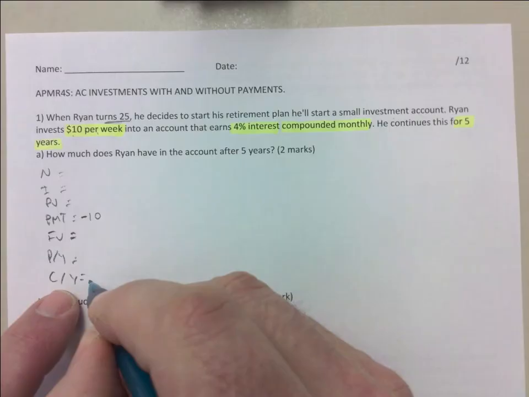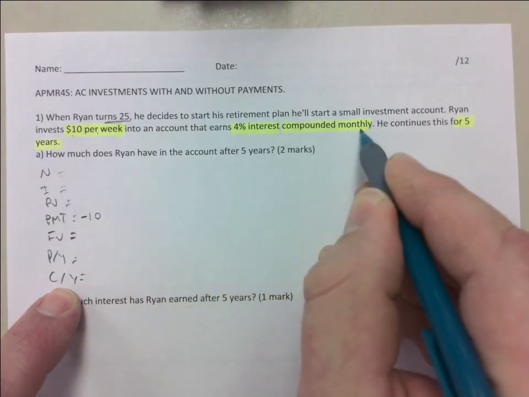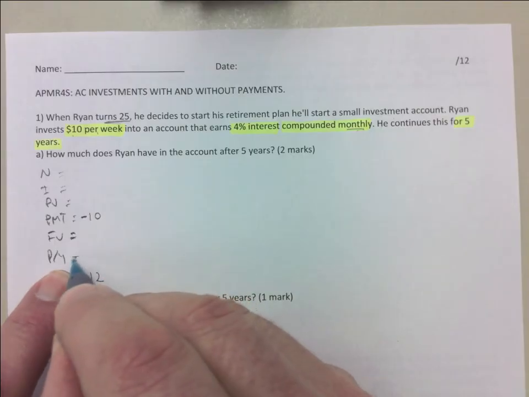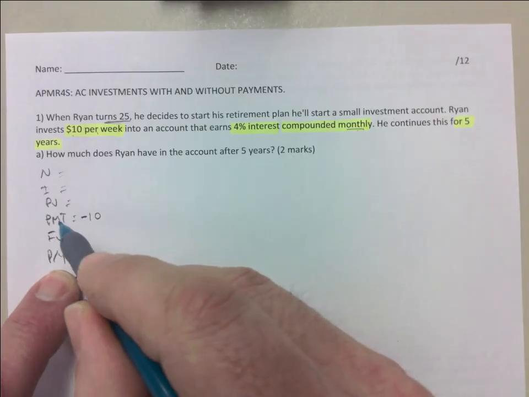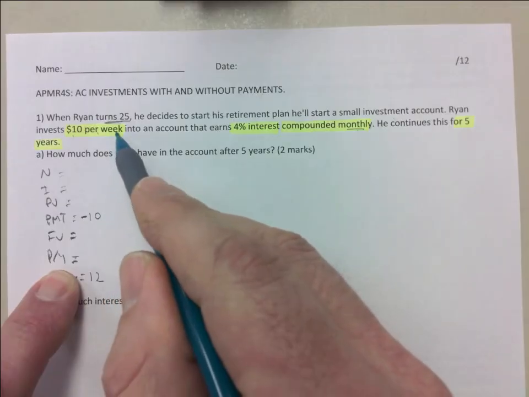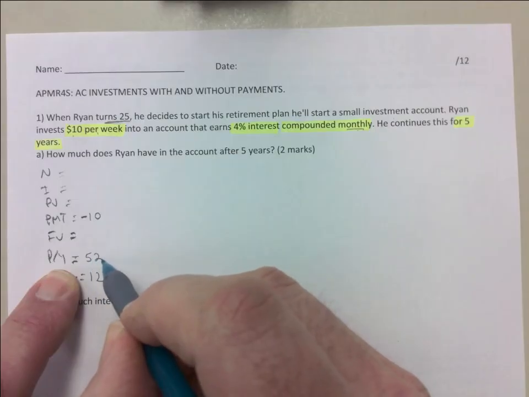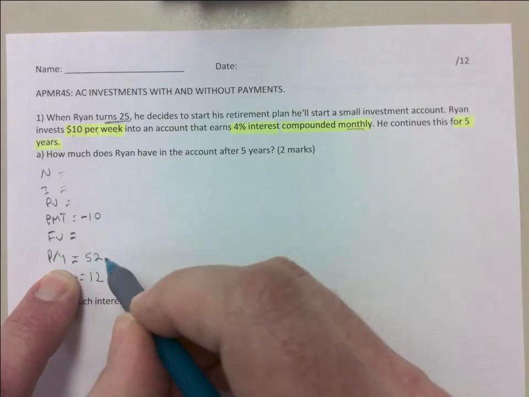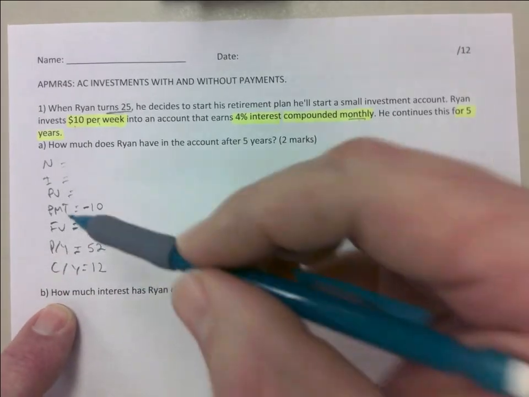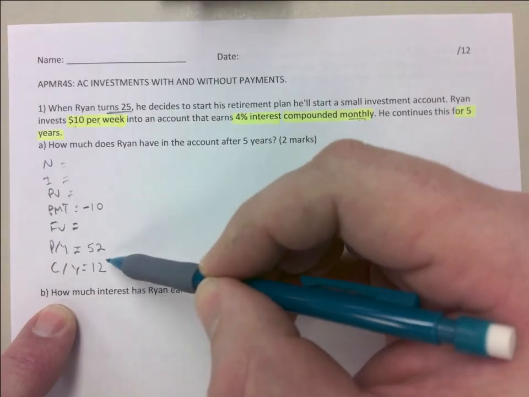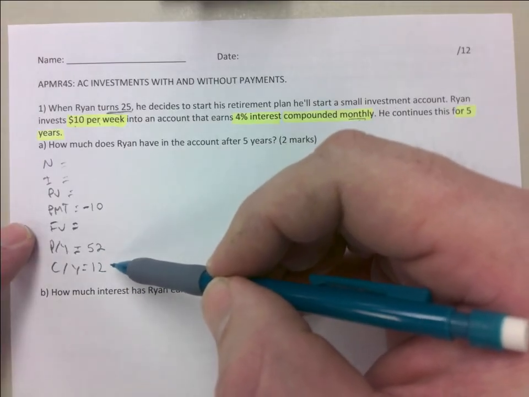Then I go over here, and I know that my compounding is 12 because it's monthly, 12 times a year. Payment, you go to your payment, and it's weekly. So in this case, it's 52 times a year. How many payments a year? 52. If payment is 0, we just set PY equal to CY. That's just what we do.